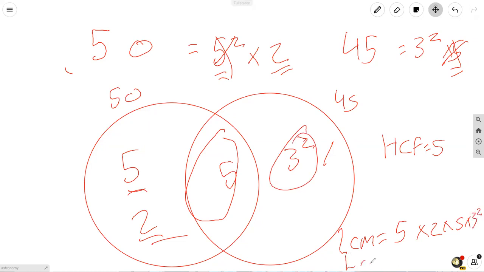If you multiply all of these numbers, 5 times 2 times 5 times 9 is 450. Does everyone get that?